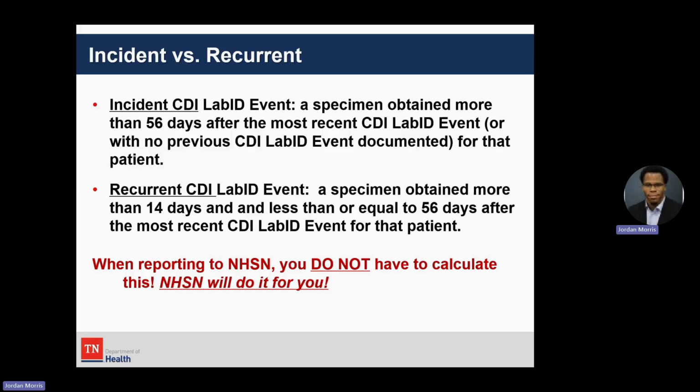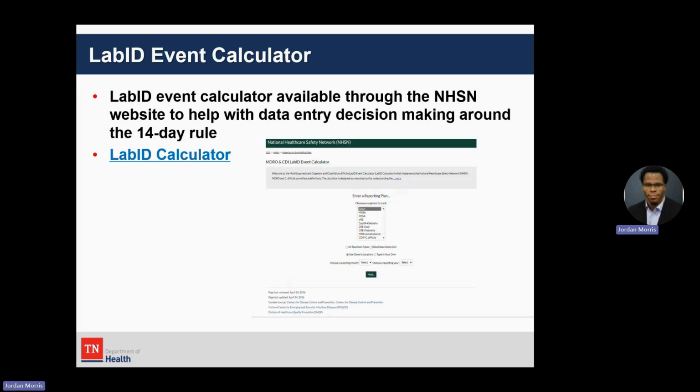A recurrent LabID event is a specimen obtained greater than 14 days but less than or equal to 56 days after the most recent LabID event for that patient. Again, NHSN calculates this for you in the analysis of your reported events. Speaking of calculations, this shows the LabID event calculator that will help you along the way of calculating LabID events.